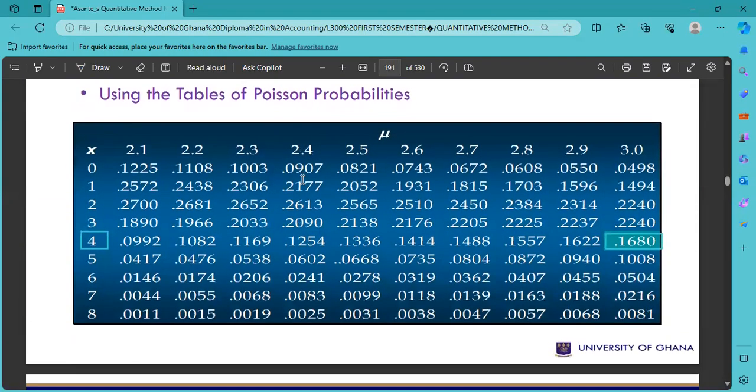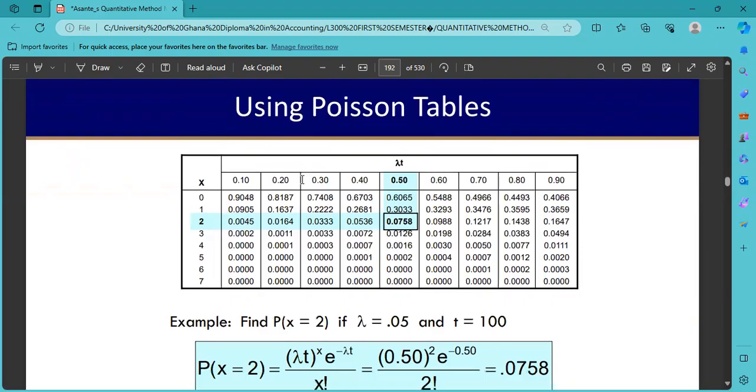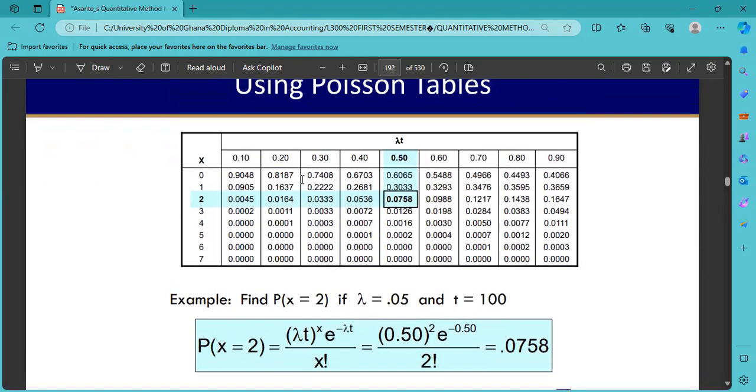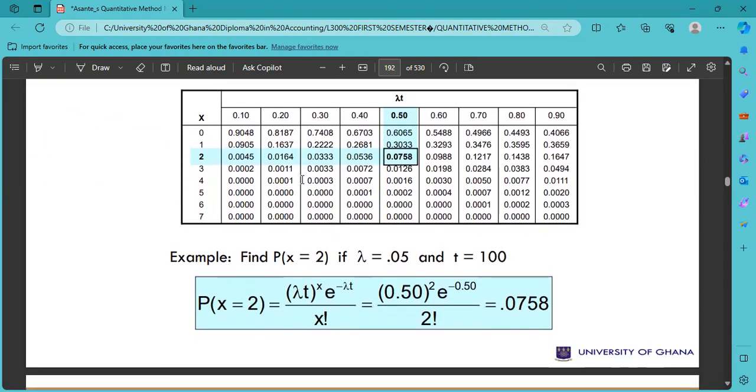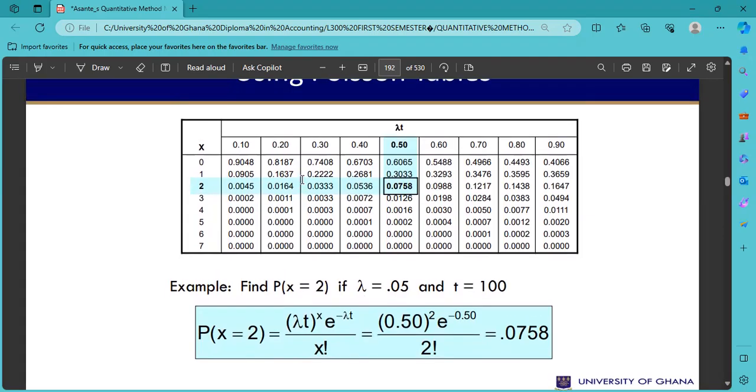We can also use the Poisson table, where normally the coefficients are given. For example, lambda t. In this particular table, x is equal to 2, so you locate x equal to 2 here, as you can see.